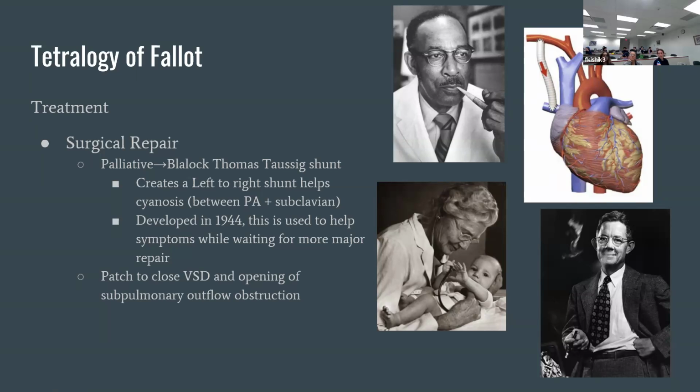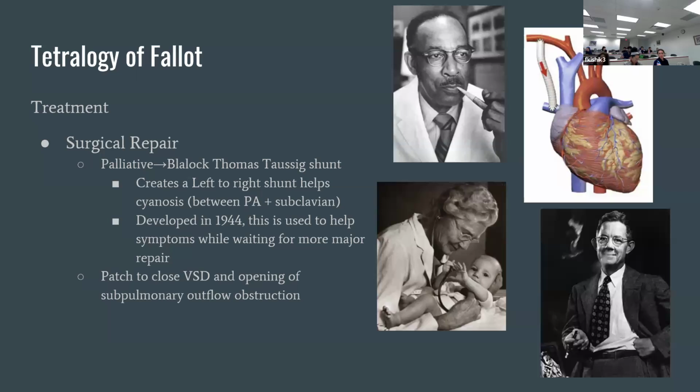And this is not corrective, this is palliative, and it just helps them get a little bit more oxygen to the rest of the body in that way. So they still may have some cyanosis because they have that shunt.